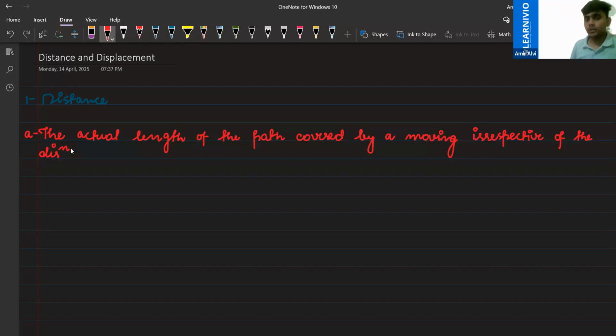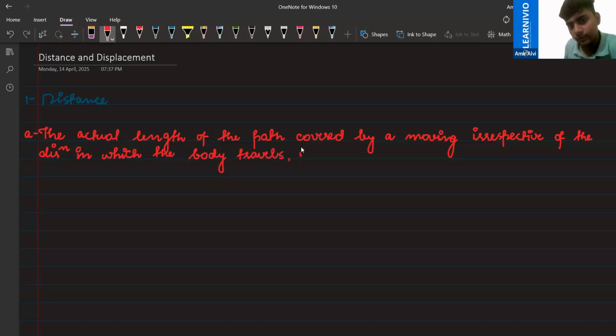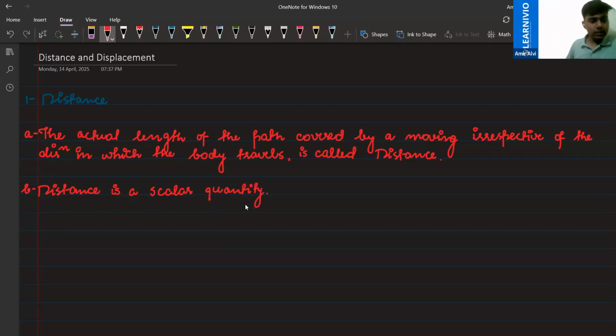Always write down the full words. Distance is the actual path in which the body travels. Distance is a scalar quantity. Clear?